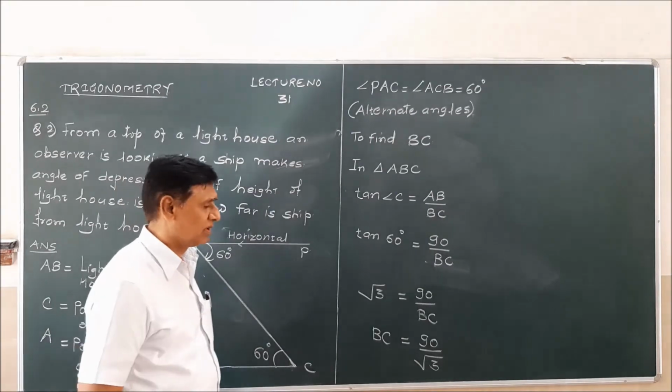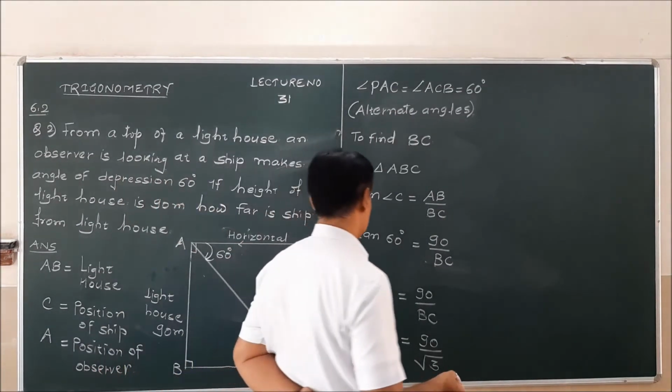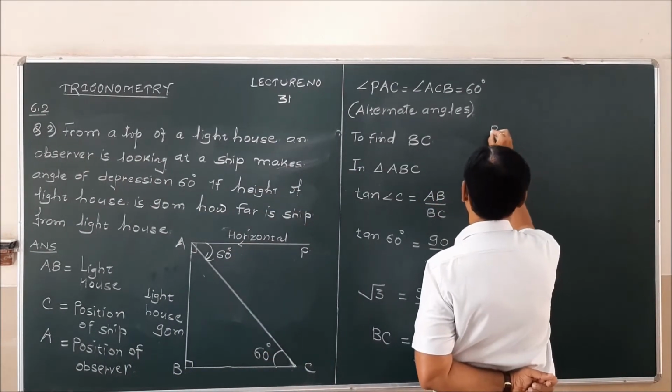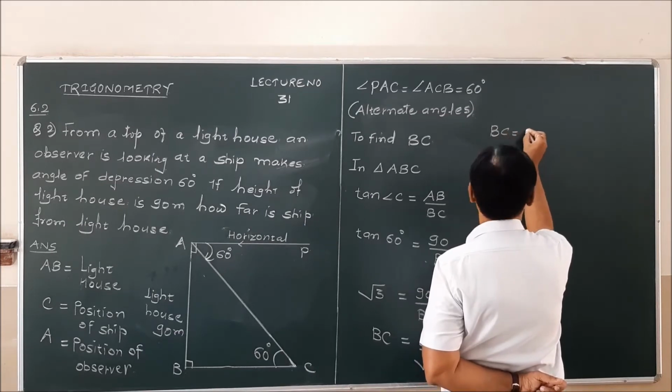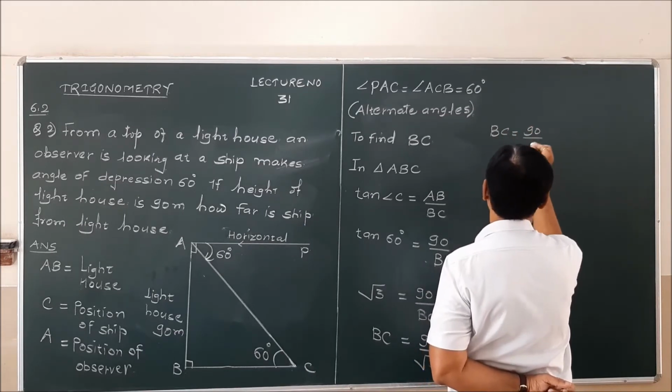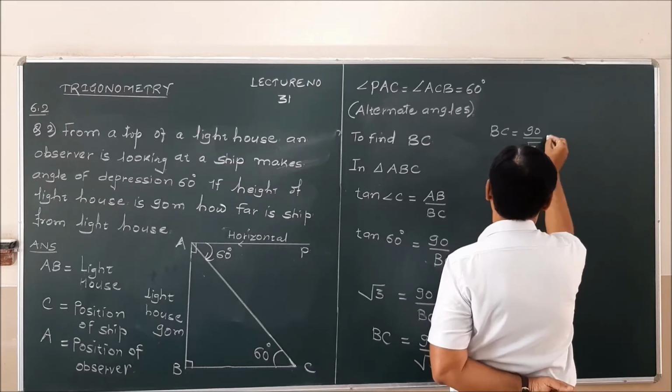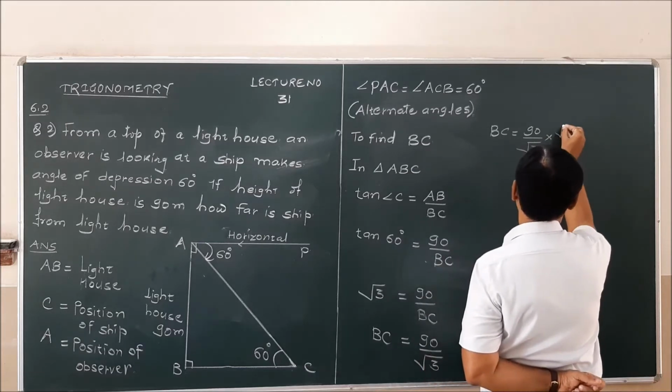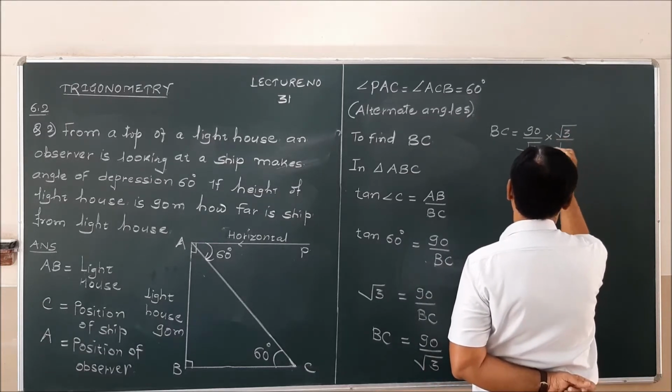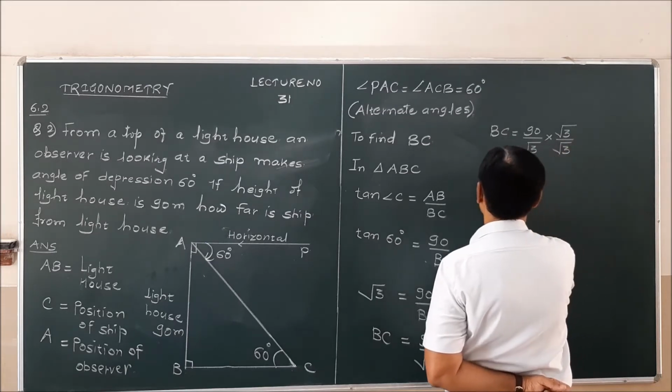Since we are rationalizing the denominator, BC is equal to 90 upon root 3, multiplying and dividing by root 3.